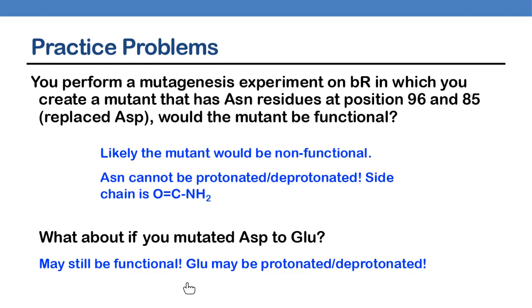If you mutate the aspartic acid to glutamic acid, it has an extra carbon group, so it's slightly larger, so it might affect that local environment, and then you're not going to get the proton hopping, so it might not be sterically favorable. So it might possibly not be functional.